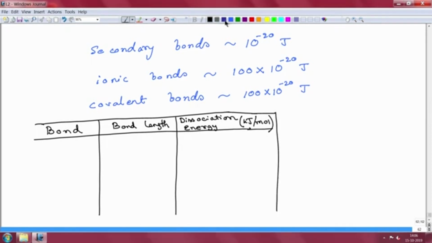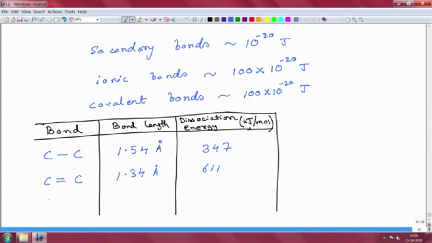For example, for the carbon carbon single bond, the bond length is usually around 1.54 Angstroms, and the dissociation energy is 347 kilojoules per mole. For a carbon carbon double bond, the distance between the two atoms decreases to 1.34 Angstroms, and the value is 611 kilojoules per mole.